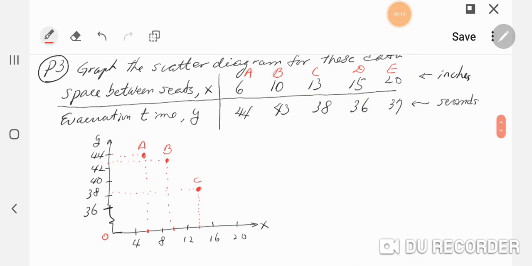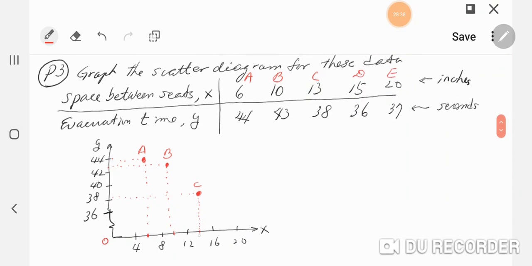Okay, D is 15 and 36. 15 is... 6, 8, 10, 12. This is 13, right? Wait a minute. 4, 6, 8, 10, 12, 13.